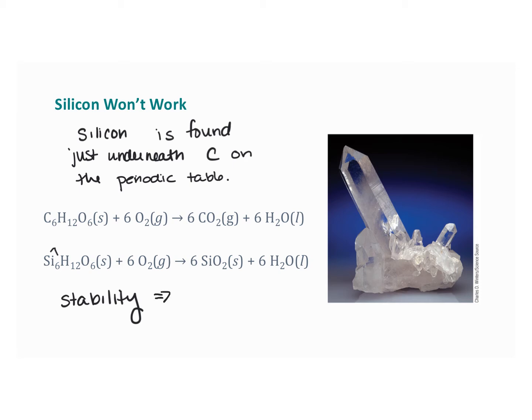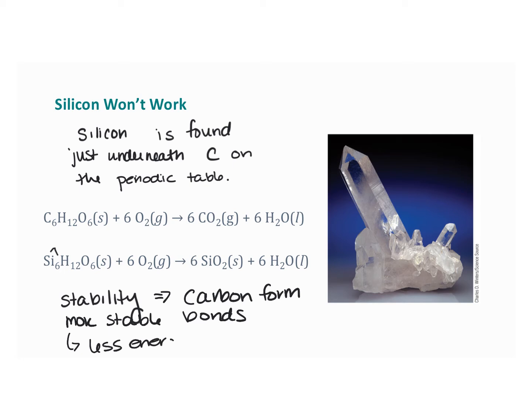And so what we mean by that is carbon is going to form more stable bonds. The reason is that there's less energy needed to break the silicon bond as compared to the carbon bond.